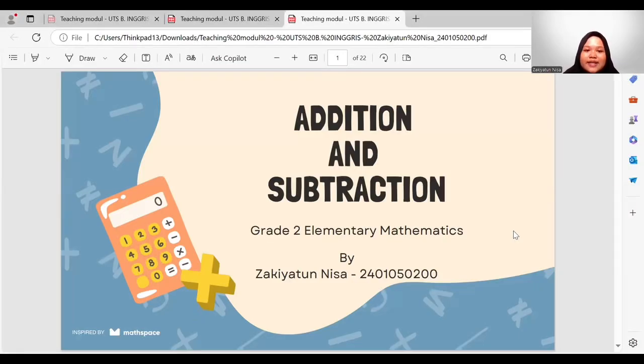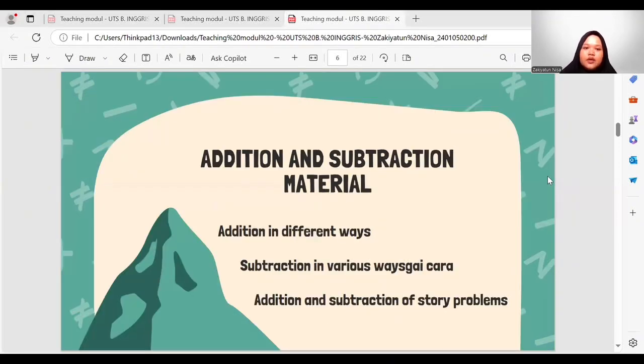Okay, this lesson is about addition and subtraction, grade 2 elementary mathematics, by Eka Tunisa, Universitas Negeri Semarang. The material we will learn is three parts: the first is addition in various ways, the second is subtraction in various ways, and the third is addition and subtraction of story problems.